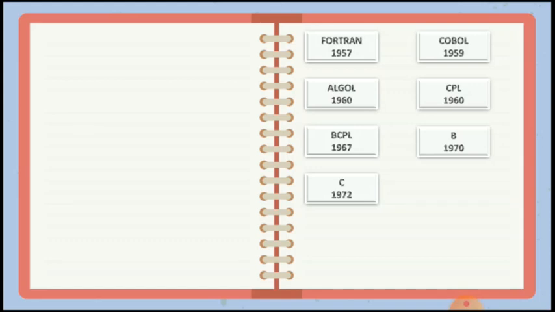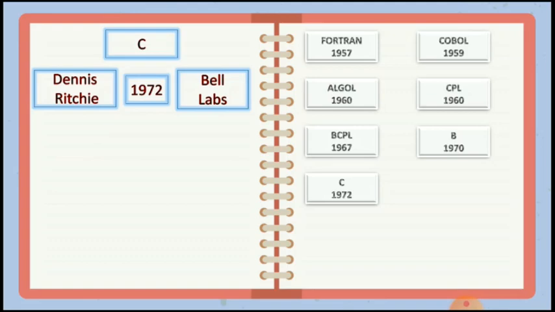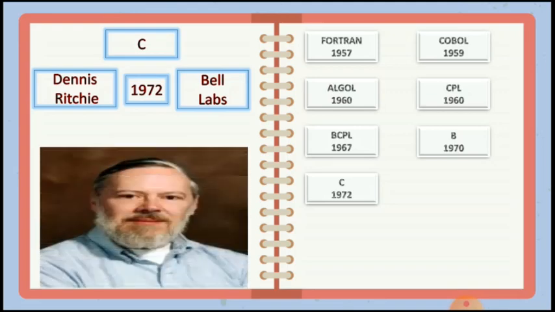So for that, C language was created by Dennis Ritchie in 1972 at Bell Labs. Dennis Ritchie is also called the father of C programming language. It is just a higher version of B language.